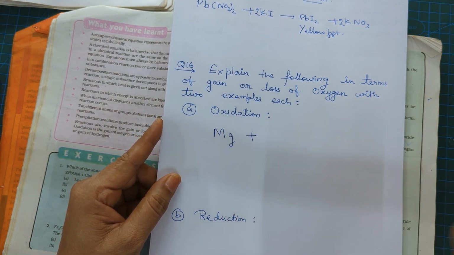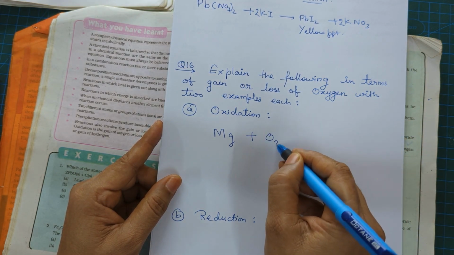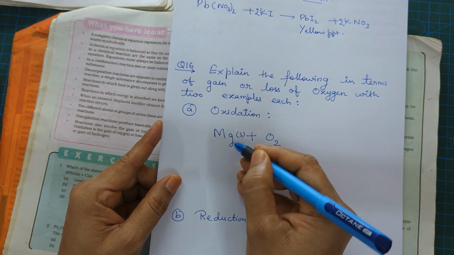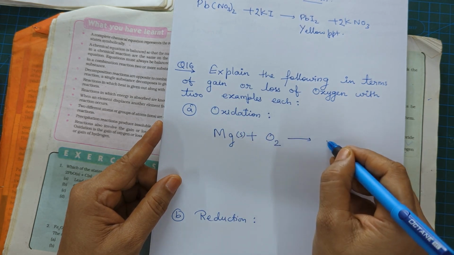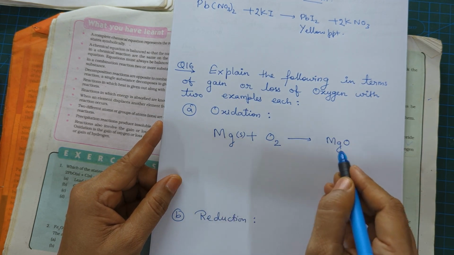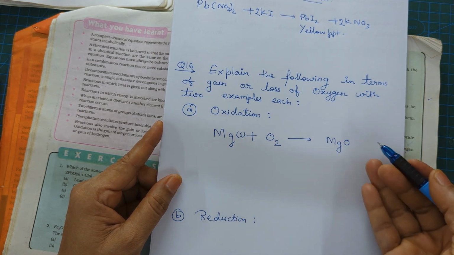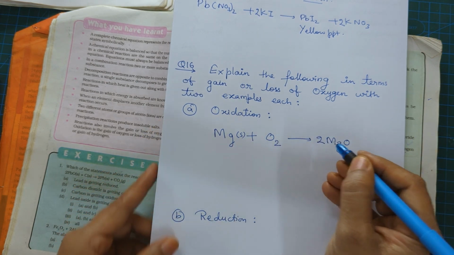First, the magnesium ribbon has to be scraped with sandpaper to remove the dirt and oxide layer that is naturally formed when it is in air. When magnesium ribbon is heated to a certain temperature in presence of oxygen, it forms magnesium oxide, MgO. So here magnesium is oxidized.